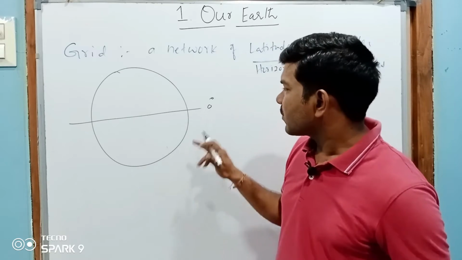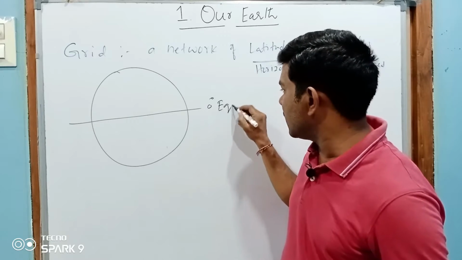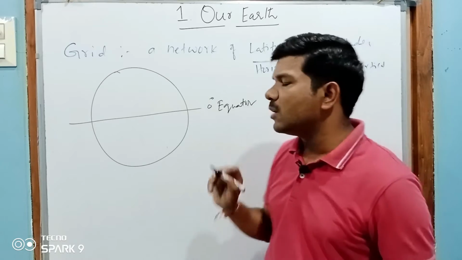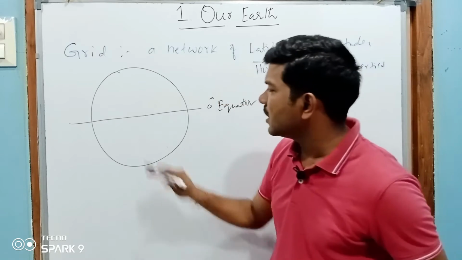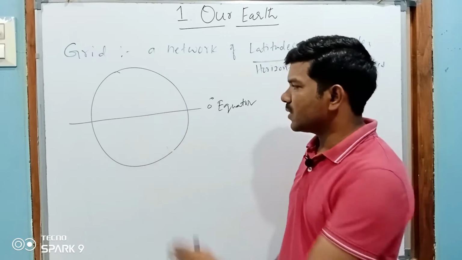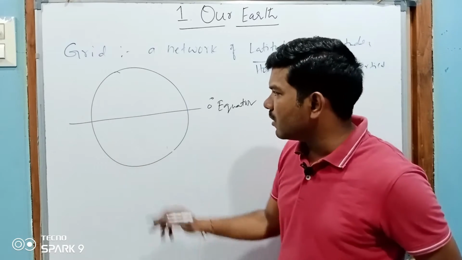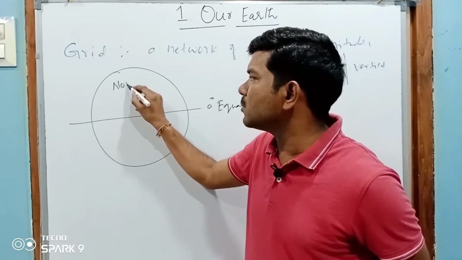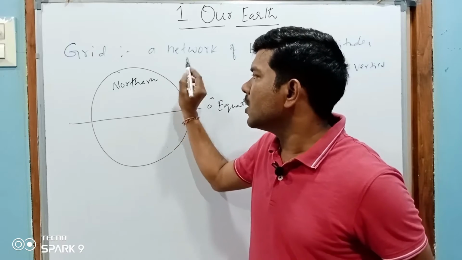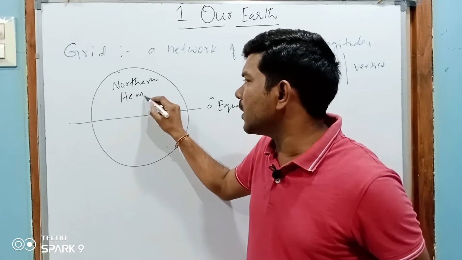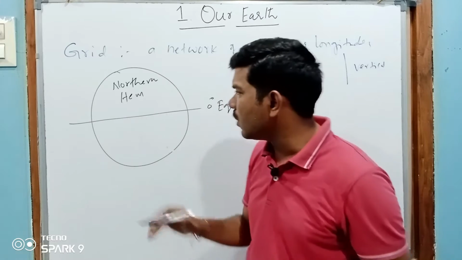So this is the Equator. This Equator divides the Earth into two equal halves. The north side of the Equator is called the northern hemisphere. Hemi means what? Half. Sphere.